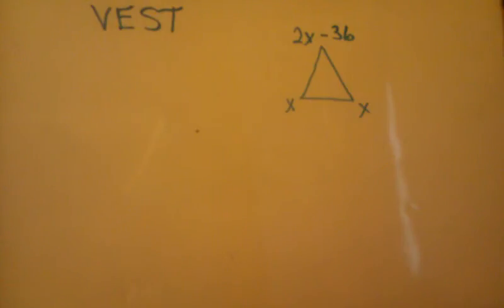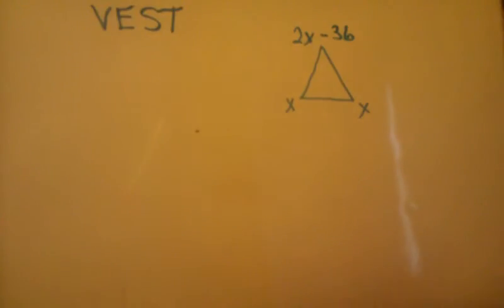Okay. Now, in a triangle, let's see what you remember. In a triangle, the angles always equal what? Okay. They always equal 180 degrees. Always. No matter what kind of triangle you have, the angles are always going to equal 180 degrees. If you don't know that, then you need to write it down.